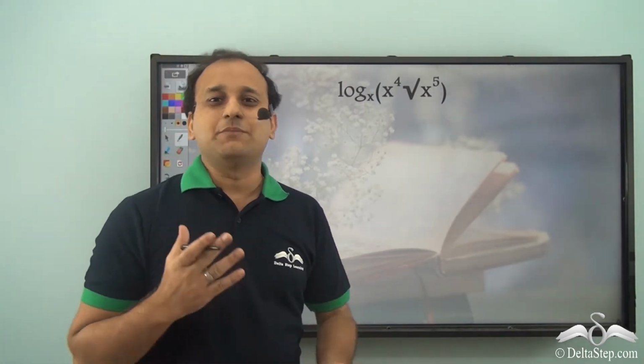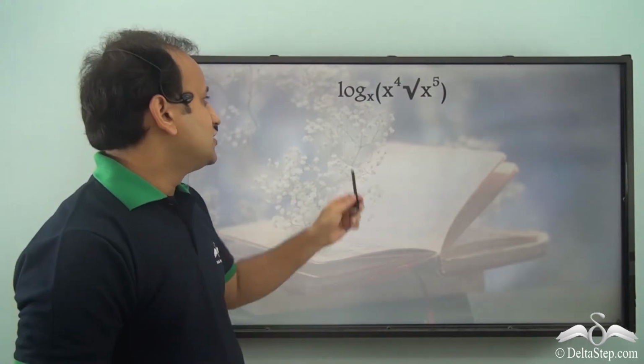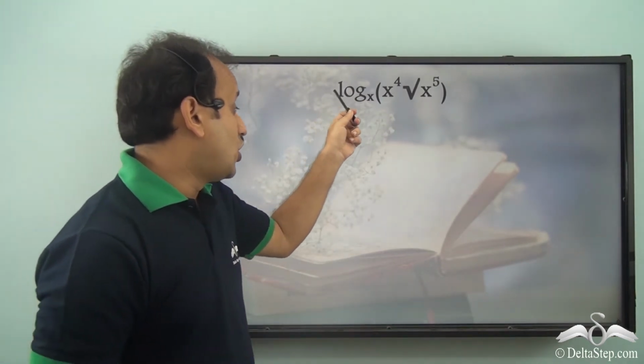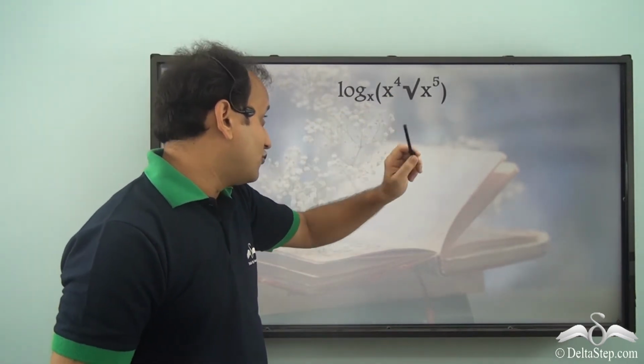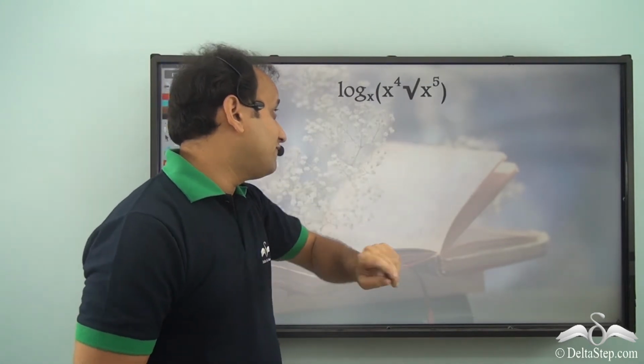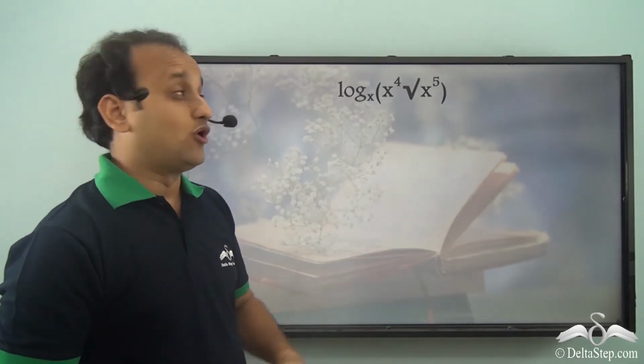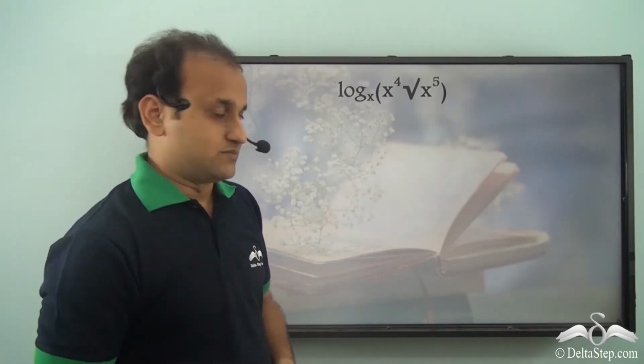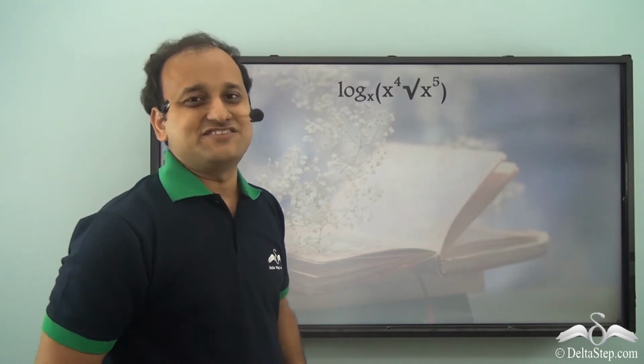Now let's see a typical problem which uses the laws of logarithm again. So here we have log of x to the power of 4 into root x to the power of 5 to the base x. Now, although it may look complex to you, with the help of logarithms and laws of logarithms, we'll be able to solve it very simply.